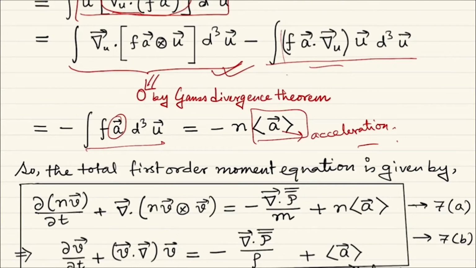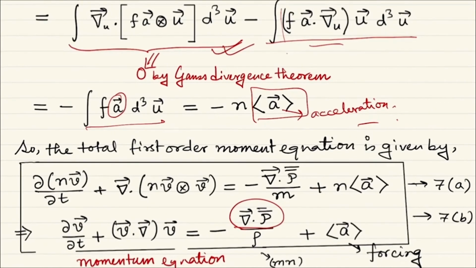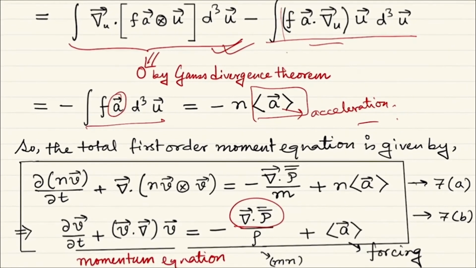You will have this quantity divided by rho, and here there was a rho, so rho divided by rho finally gives you acceleration. The best way is to do it by yourself. If you do it by yourself and you cannot reach there, please let me know.